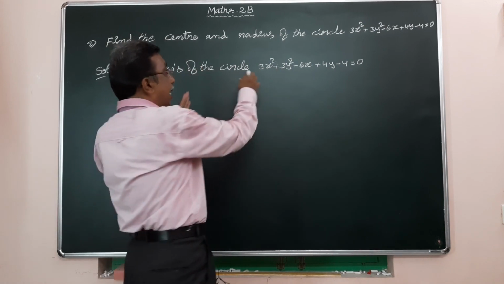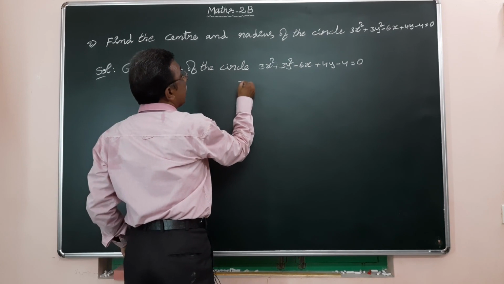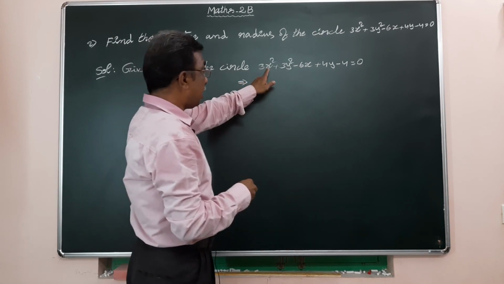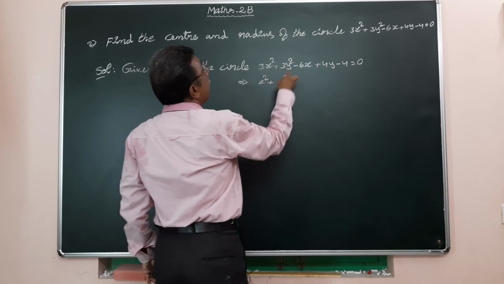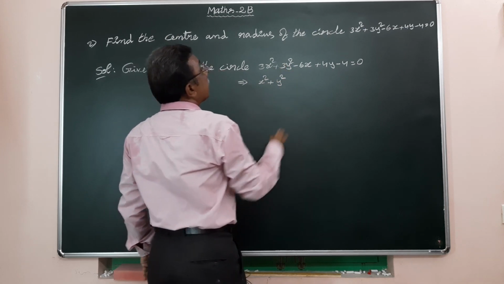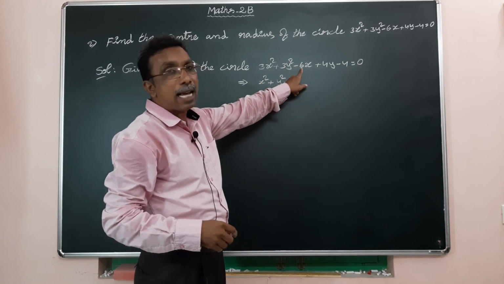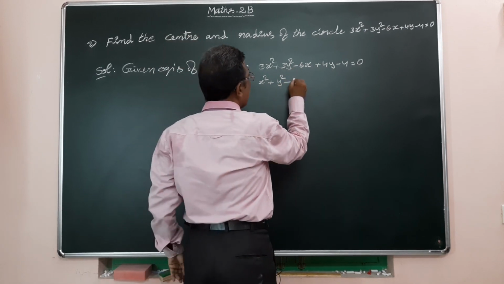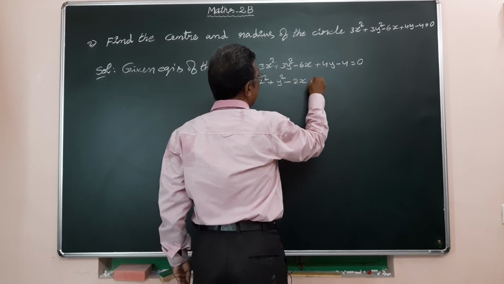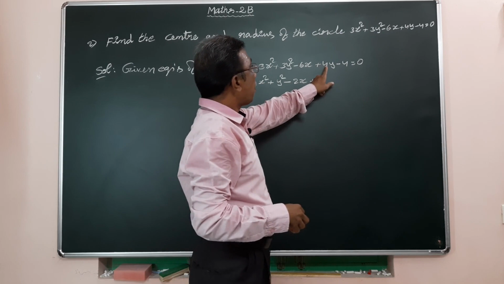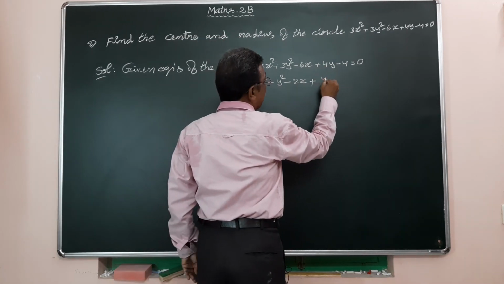So now dividing this equation by 3. x square plus, dividing by 3, y square minus, dividing by 3. 3 2s are 6, 2x plus, here 4 by 3.